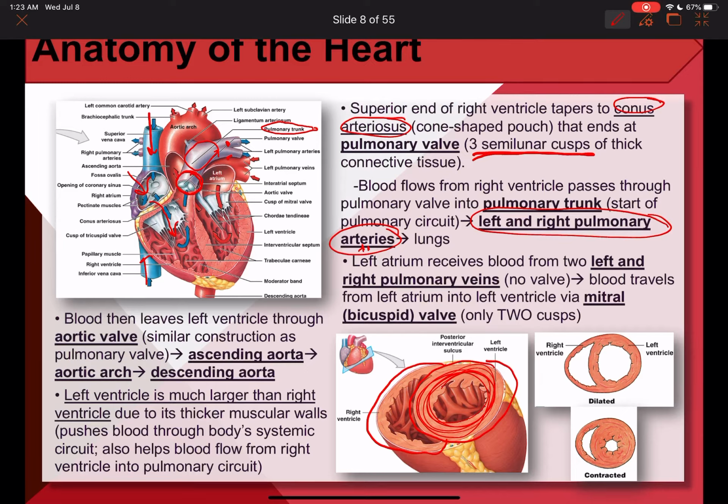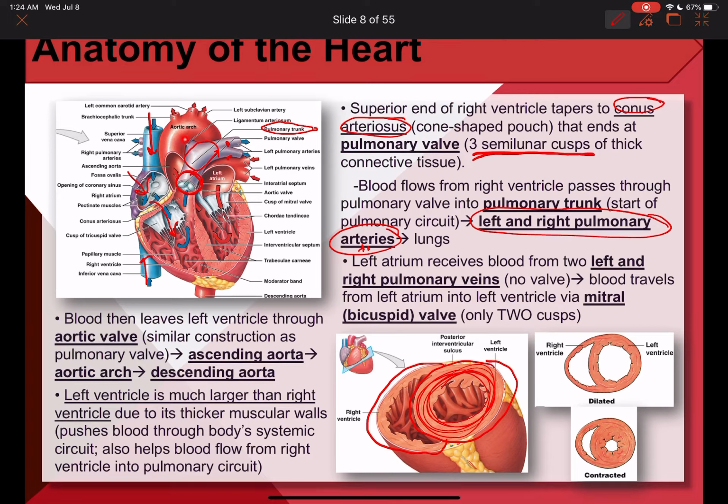And why that's the case is because the left ventricle has to exert a lot more pressure, and we'll talk about how much pressure it is, and we will know the exact value it has to exert. But that high pressure is what pushes the blood from your left ventricle into the systemic circuit.